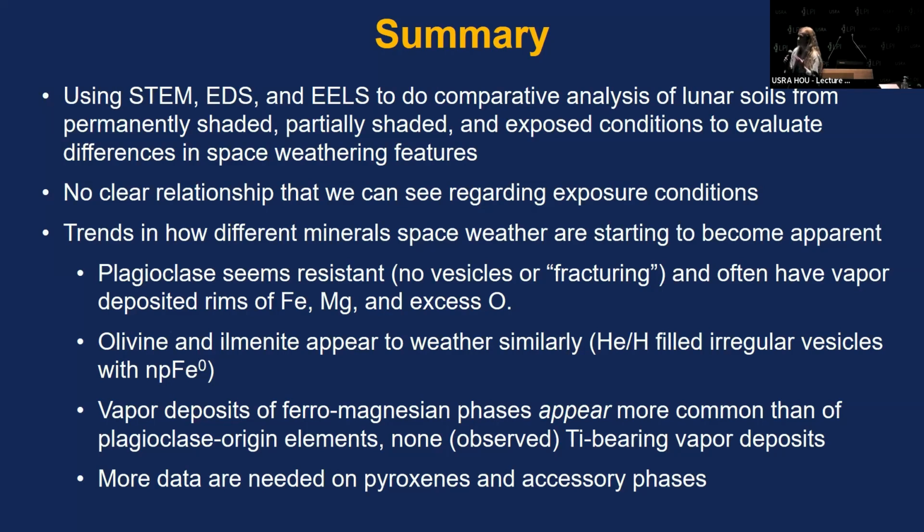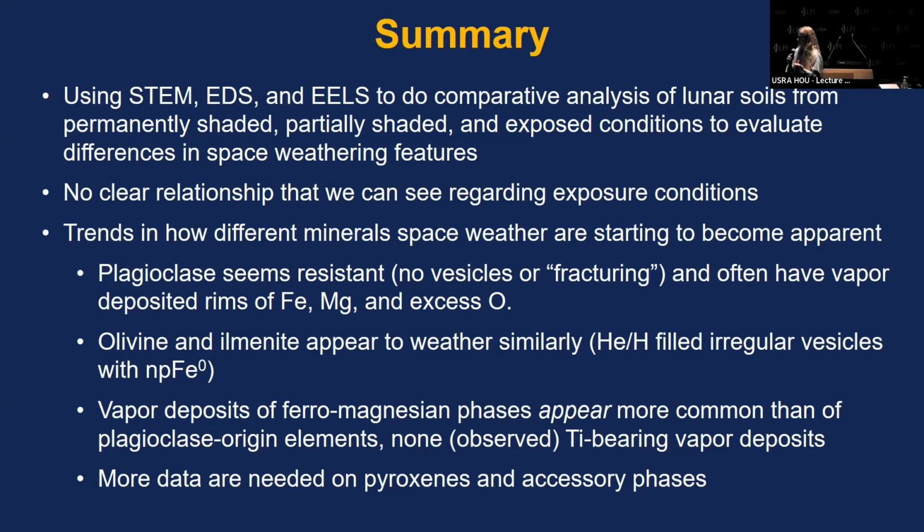But what we see is plagioclase does seem to be resistant to weathering. We don't see vesicles or fracturing, but they are often the substrate on which we see exogenous elements being deposited. Olivine and ilmenite appear to weather similarly, at least from a textural perspective, and deposits of the ferromagnesian elements appear more common than that of plagioclase-origin elements, despite the latter having higher abundance in these soil fractions, and we don't see evidence of the breakdown of titanium-bearing phases.